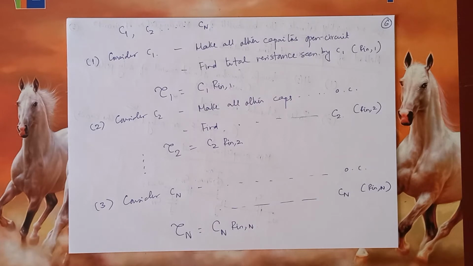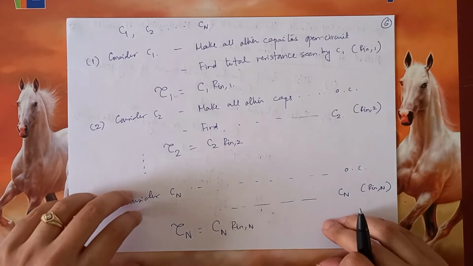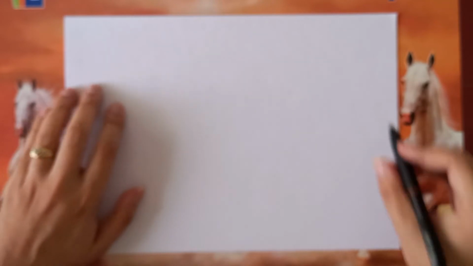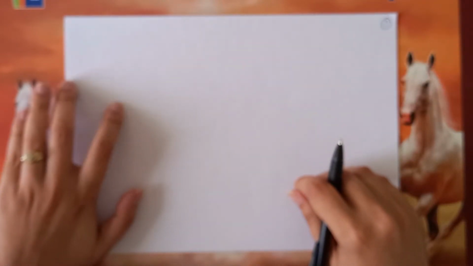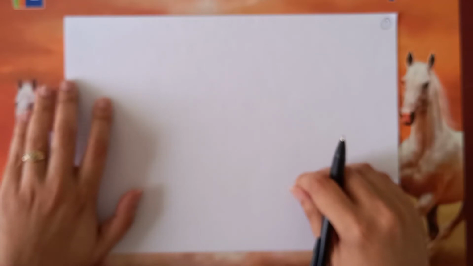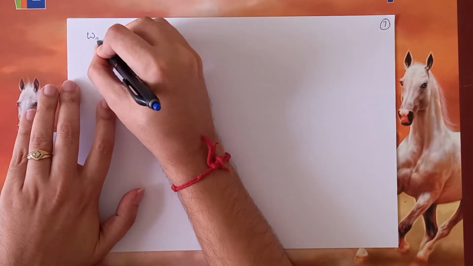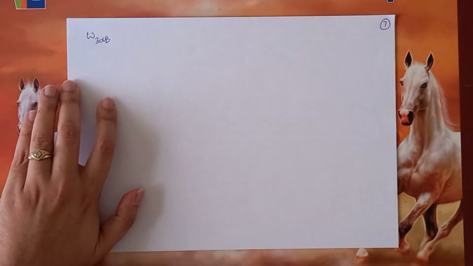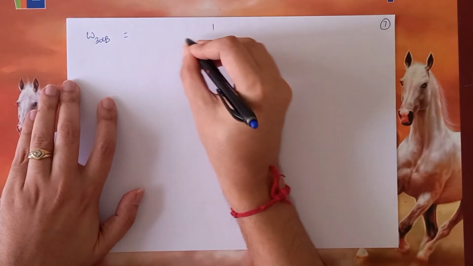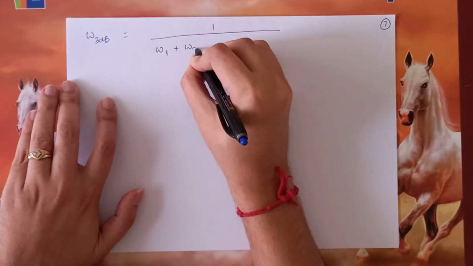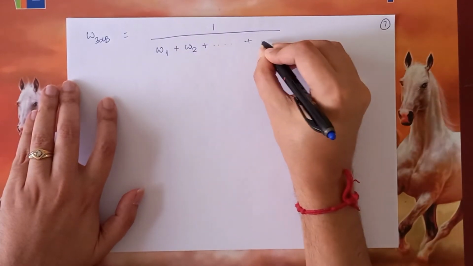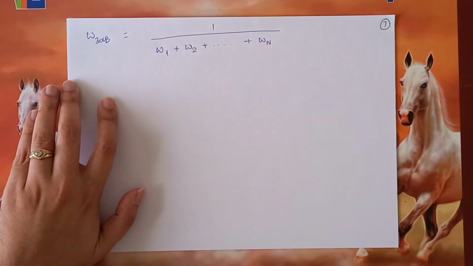Now, this method states that once you have the idea of all the n number of time constants, the 3 dB angular frequency is given by 1 by tau 1 plus tau 2 all the way till tau n.